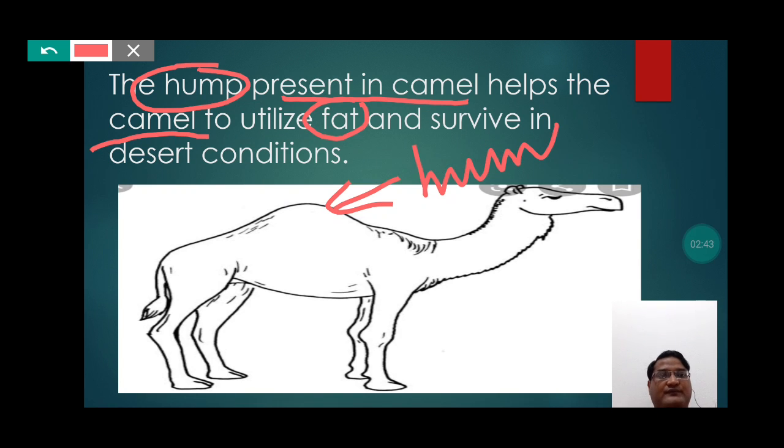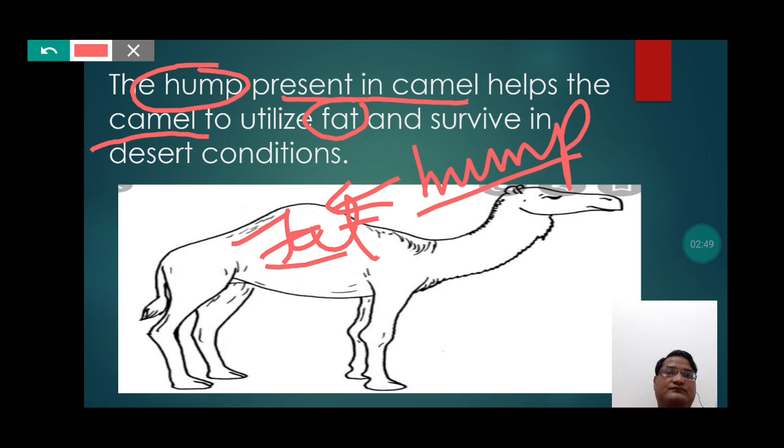This is the hump of the camel where the fat gets stored, and the camel further utilizes this fat to survive in the desert conditions.